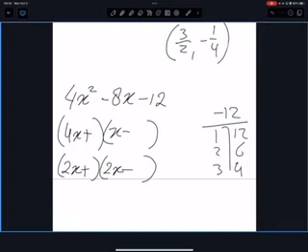It looks like it's 1 and 12. No, it will be positive 12 if I do this. That means here it has to be negative 12, and here positive 1. Yes.